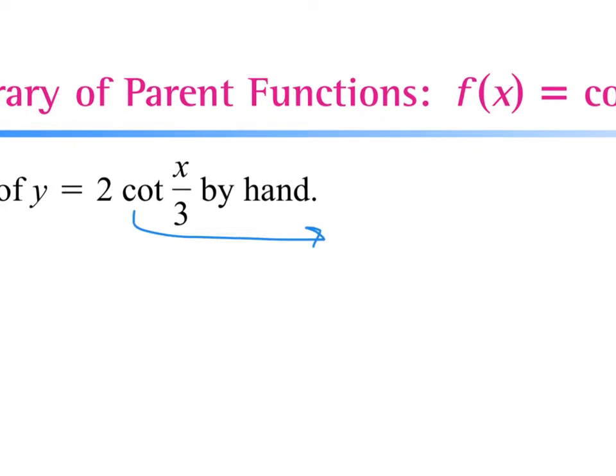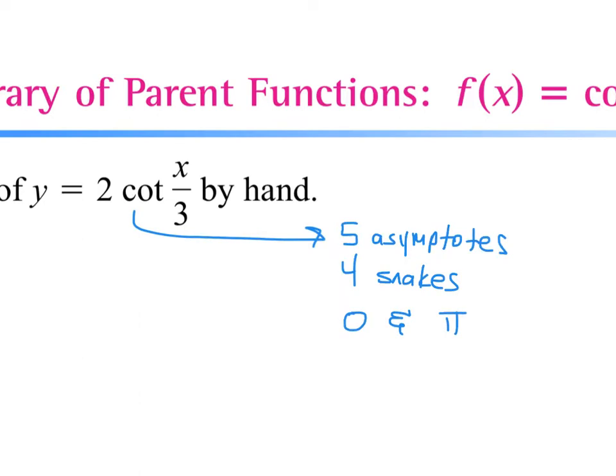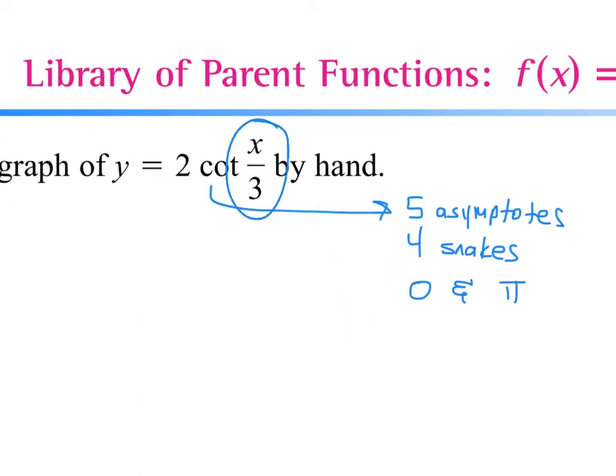I'm going to say 5 asymptotes and 4 snakes. And in order to find those first 2 asymptotes, I think of what 2 numbers? 0 and pi. Good. So same exact thing. We take x. I say x over 3 equals 0. And I say x over 3 equals pi.